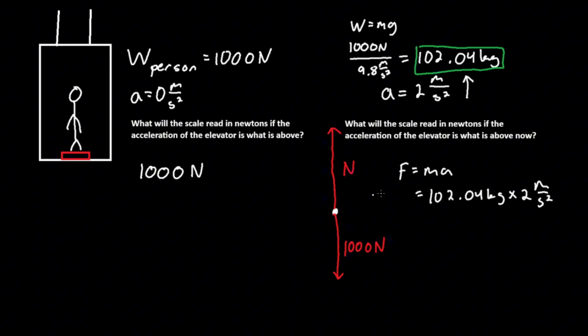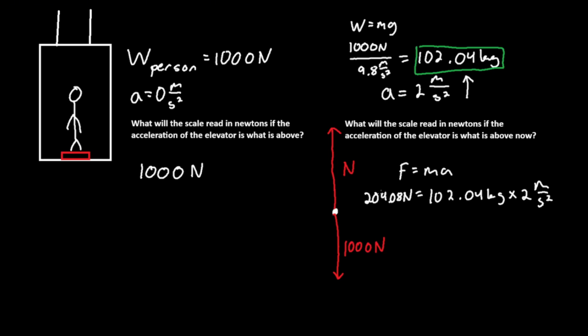The force of the elevator to push up against you has to be 204.08 newtons. So this must be the additional force of the elevator pushing up against you in order to accelerate you at 2 meters per second squared.